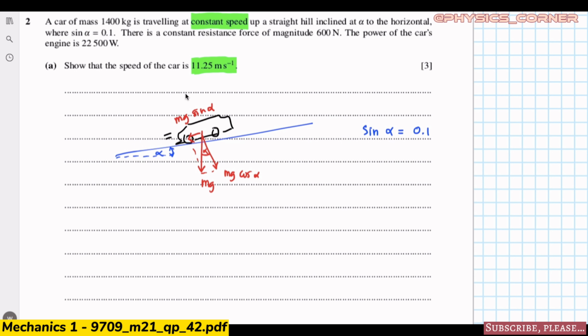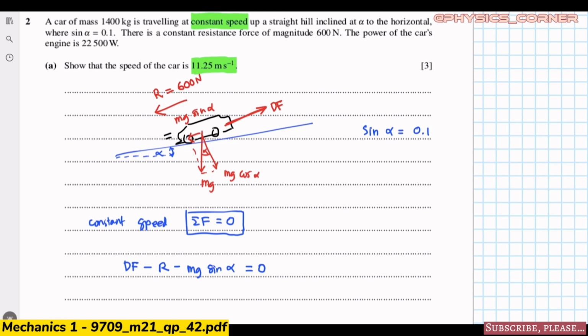Then there is the driving force of the car, and the resisting force R of 600 newtons. On constant speed, the total force equals 0. So driving force minus R minus mg sine alpha equals 0.